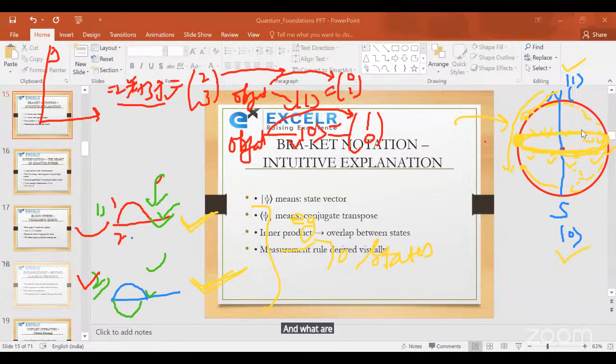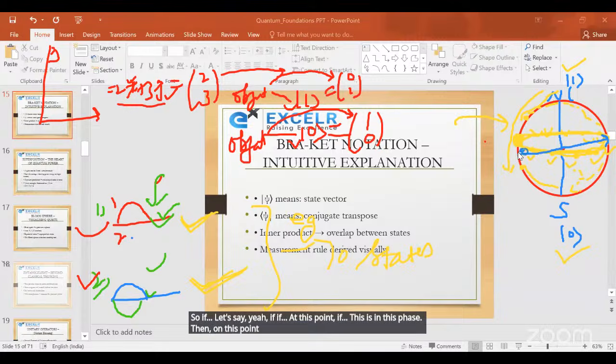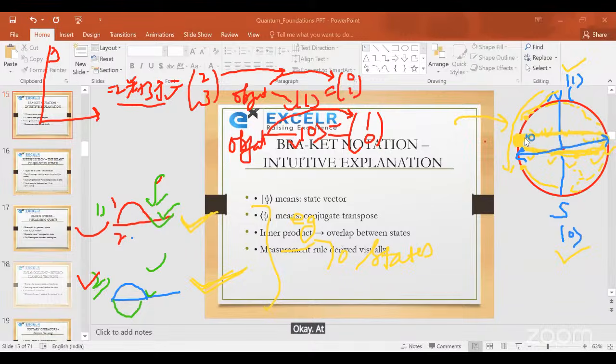And what is the difference? The difference is in phase. Let's say if on this point it is in this phase, then on this point it will definitely be in the opposite phase. At this point it will be a different phase, like that.